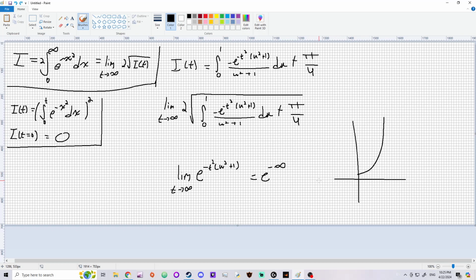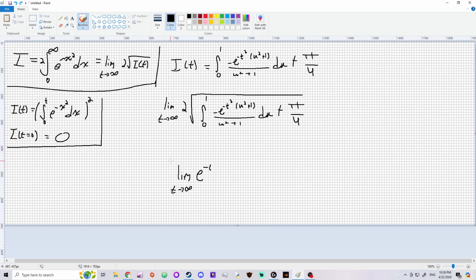You can even write it out mathematically: it's 1 over e to the infinity, and 1 over infinity is 0. There you go, 0.